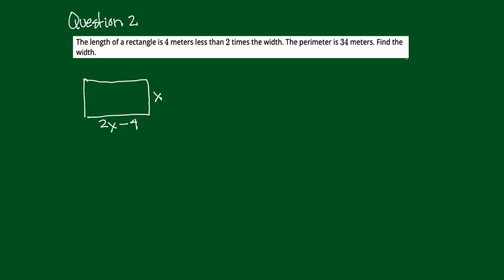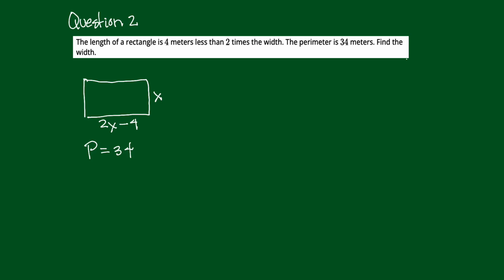Now, we're also given that the perimeter is 34 meters, and the perimeter is the length around. I drew a picture of what I have. Now, here's what I know. The perimeter, how about just P? P is equal to 34. But the perimeter is the length around it. So I would take this length, add it to this length, add it to that length, add it to this length. Or how about if I just do this?